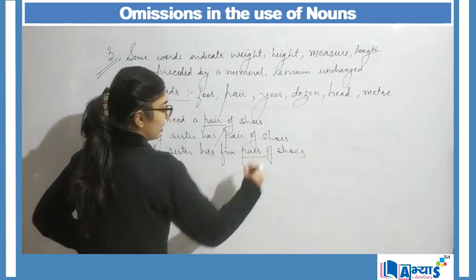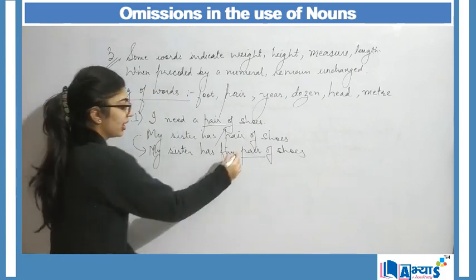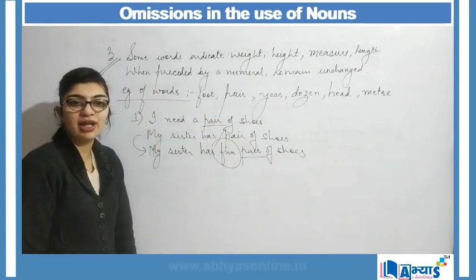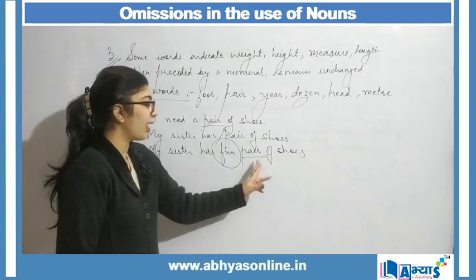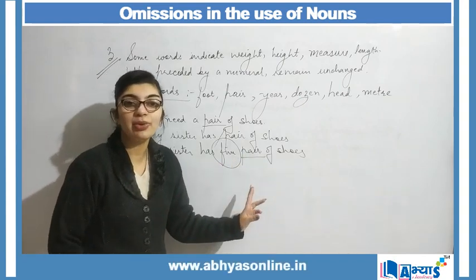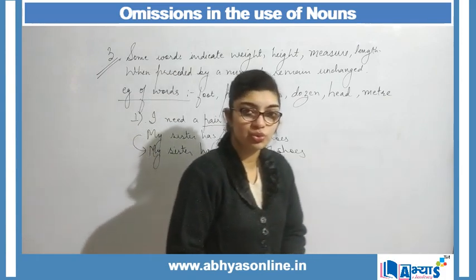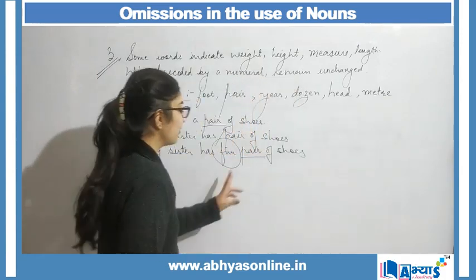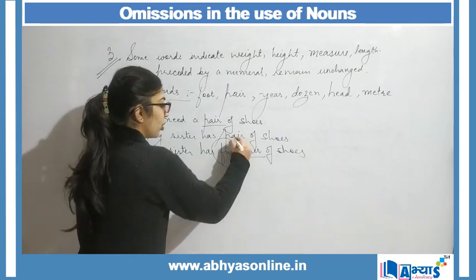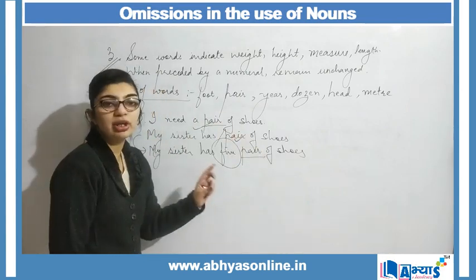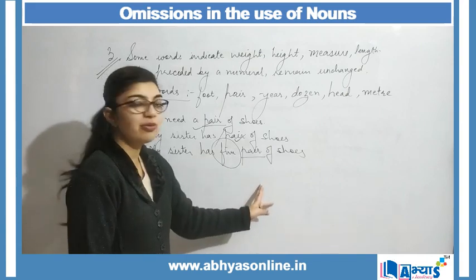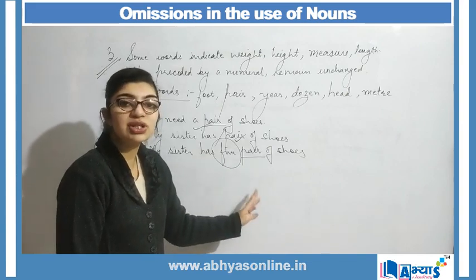Now what I said, that before these words there is a numeral that arises. Now here the numeral is 5, but my pair will remain as pair. I will not say 5 pairs of shoes. I will only say 5 pair of shoes. So here also there is pair when I am talking about 1 pair, and when I am talking about 5 pair, my pair will not change to pairs. It will just remain pair.